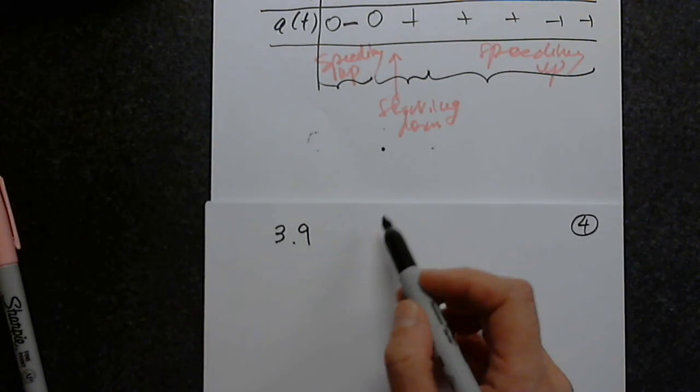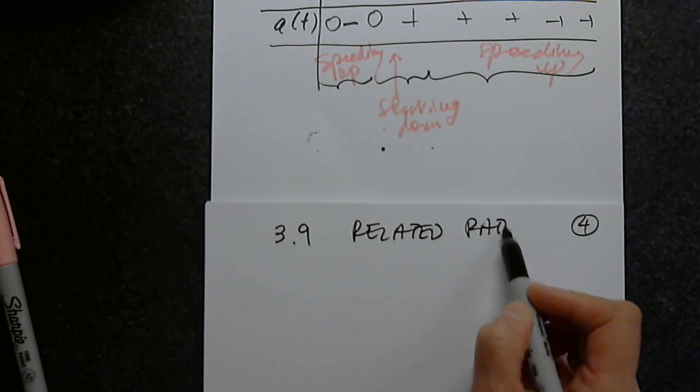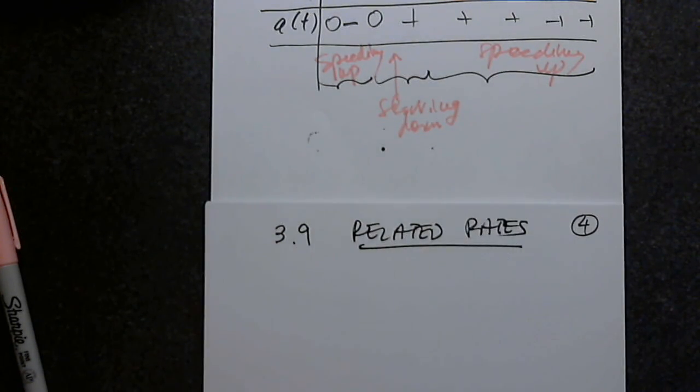So 3.9, related rates. This is a major topic. I need the entire semester for this one alone. So we're going to work on as many problems as possible for a session or a session and a half. We'll see.